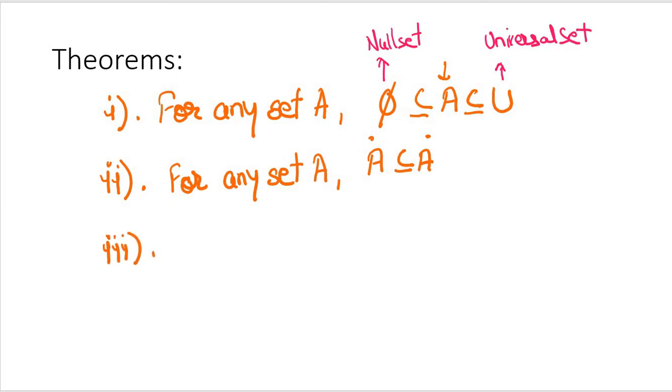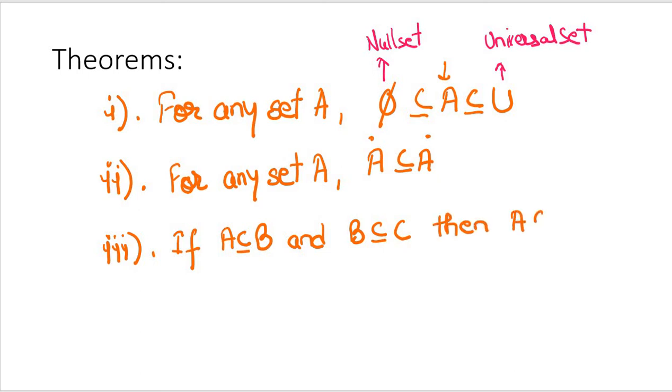Now if A is a subset of B and B is a subset of C, then A is a subset of C. Right, this kind of setup you might have already observed in various properties related to numbers, sets and other stuff.